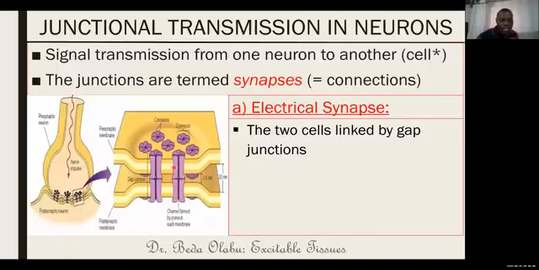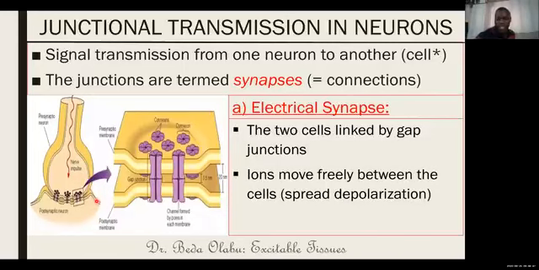Gap junctions are channels where the two cytoplasms are in free communication, so ions can diffuse freely from one to another. If sodium diffuses to this one, this neuron will also initiate an action potential of its own, because it will have a disturbance of the cell membrane potential. If that reaches threshold, this neuron will initiate an action potential, and that is how the signal will have been transmitted from here to there.